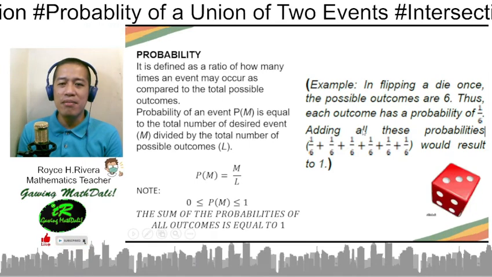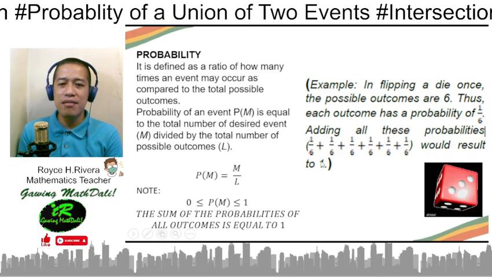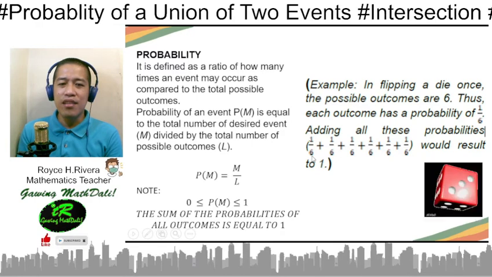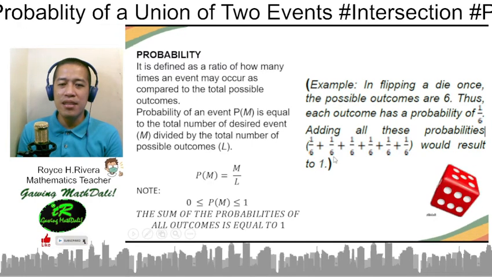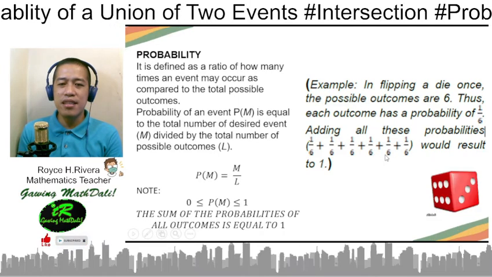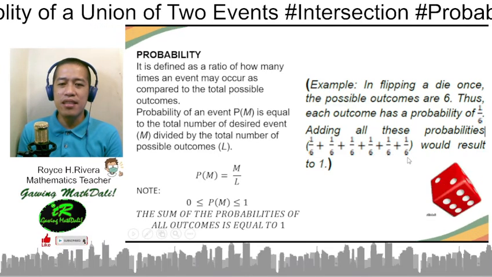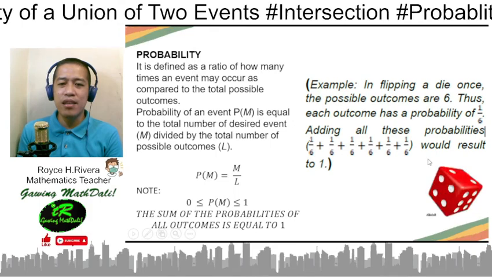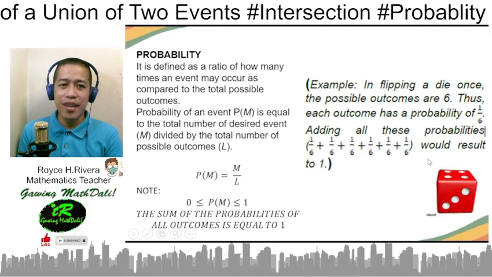Adding all these probabilities, we have 1 over 6 plus 1 over 6 plus 1 over 6 plus 1 over 6 plus 1 over 6 plus 1 over 6 would result to 1.